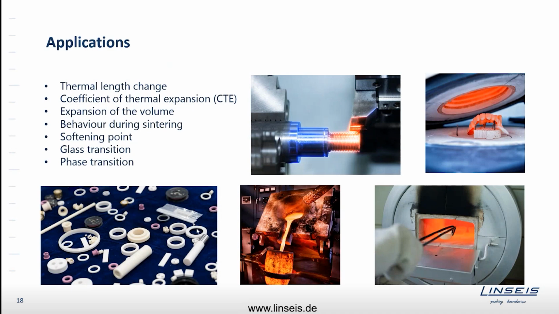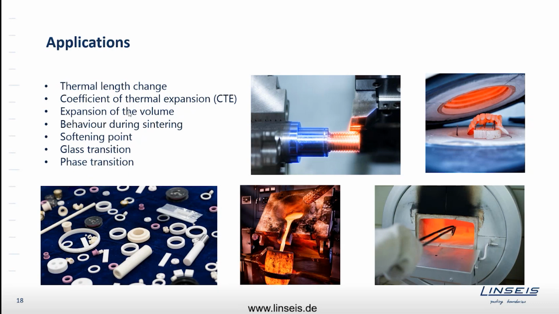I want to give you a short overview about the typical applications before I close this presentation. So all I showed you now was all dilatometers, and most of them were customized and had a special application field. As a summary, the typical applications for the dilatometers are, of course, detection of the thermal length change, determination of the coefficient of thermal expansion, which is the value that most people want to obtain if they use a dilatometer.